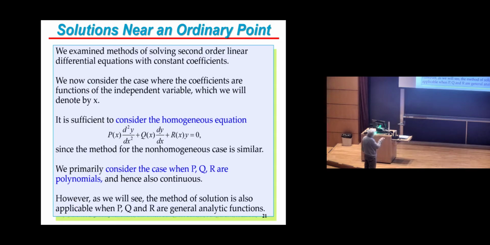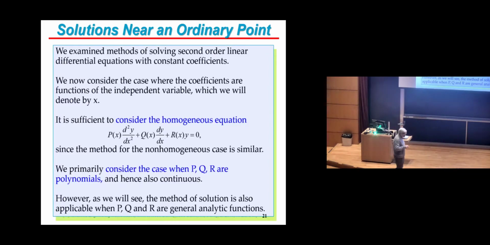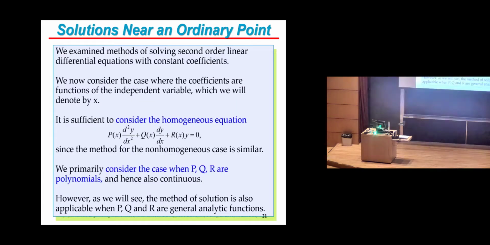So in general, we're going to assume that these coefficients are analytic functions, which means I can expand them into some power series. All right? So if I can expand the coefficients in a power series, then maybe there is a solution y in a power series form. And then if I substitute in this equation, maybe I can compute all the coefficients for y in that power series form.